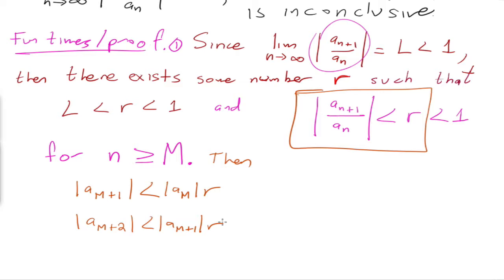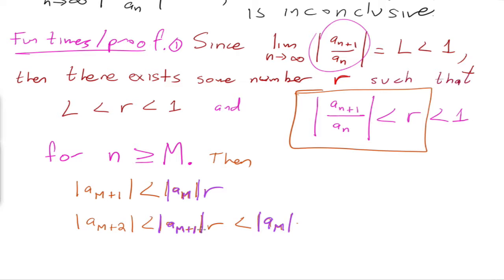But what is a sub m plus 1? From the line before, that's going to be less than a sub m times r. So here I'm grabbing this one from the line before.